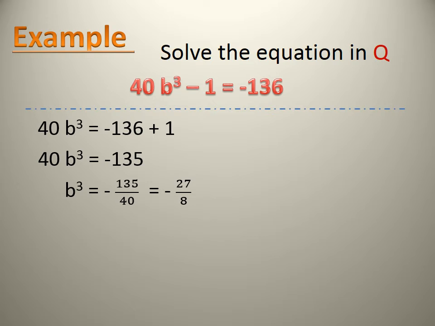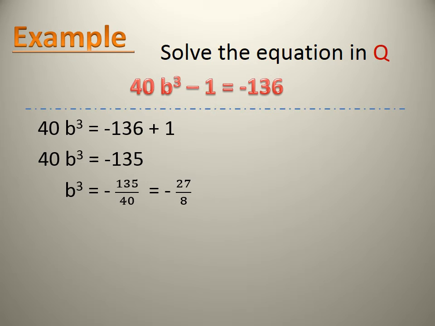First we write equal and throw negative 1 to the opposite side, it will be positive 1. So negative 136 plus 1 equals negative 135.